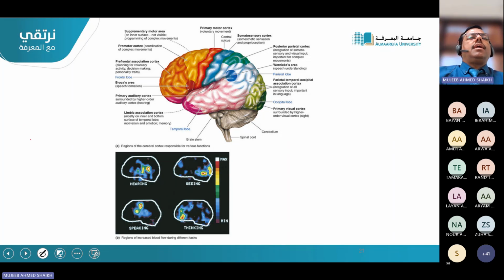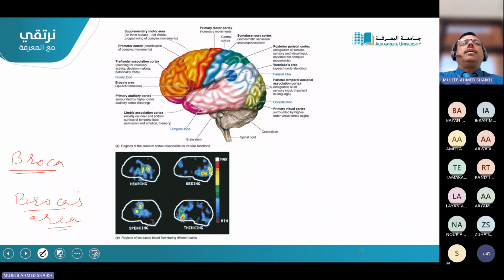And these areas were described by a person whose name is Broca, and they are called Broca's area. You will learn it in the CNS block. We are not telling you in this block because it's too much information.